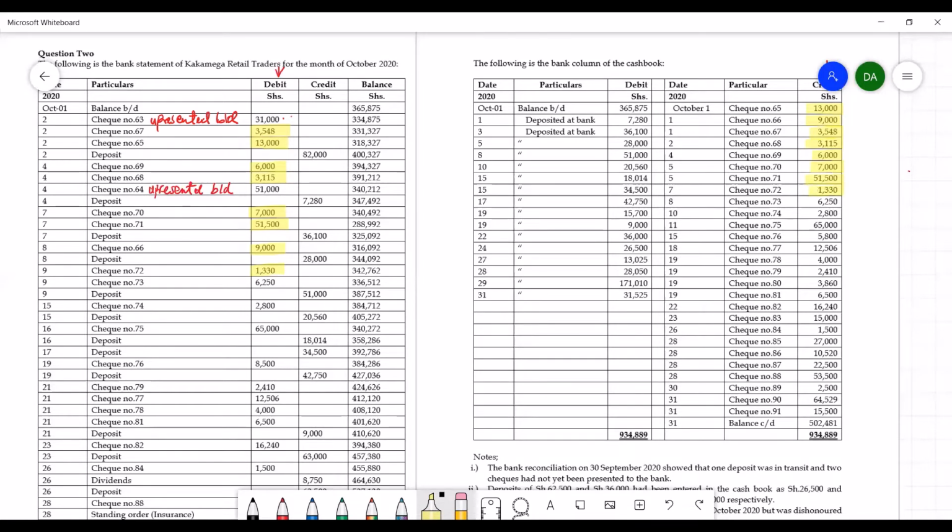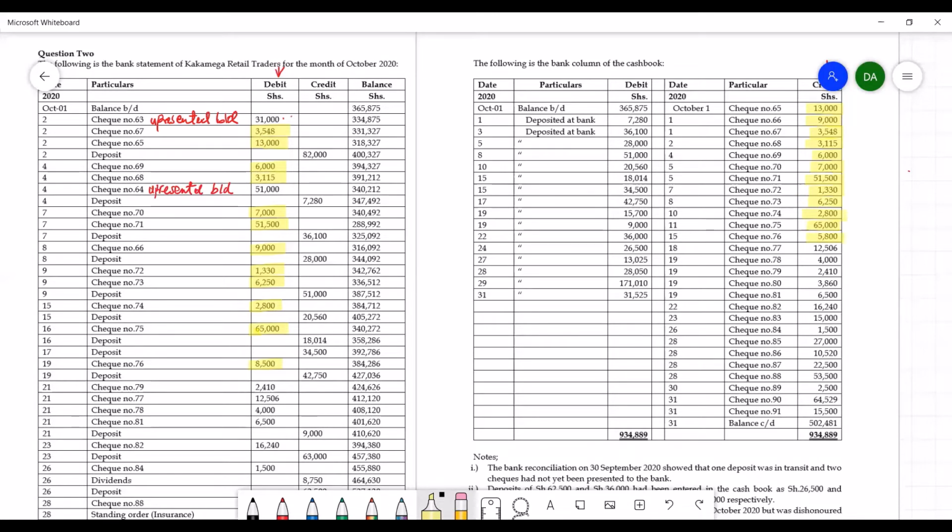That is followed by check number 73, which is available here, and also here. Check number 74 is available in both cases, as you can see. Check number 75 is available in both cases. Check number 76 is also available in both cases.